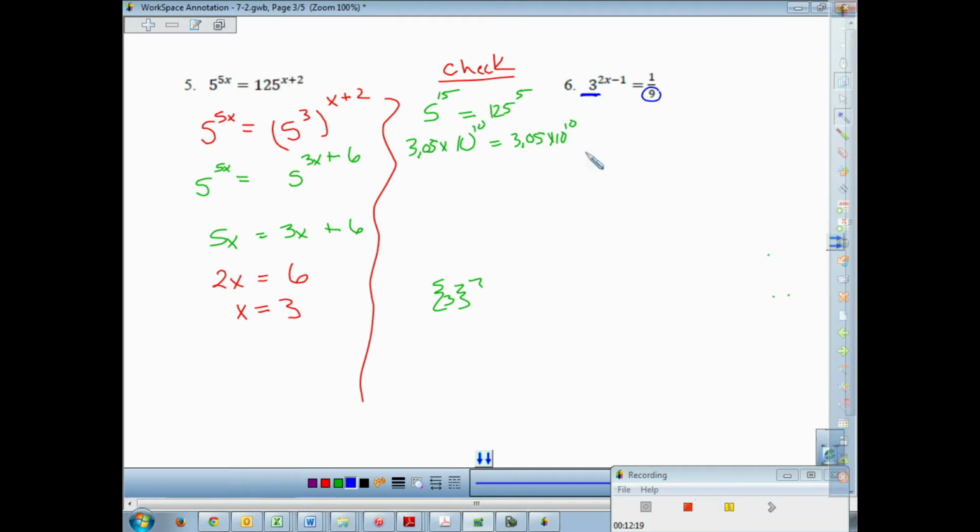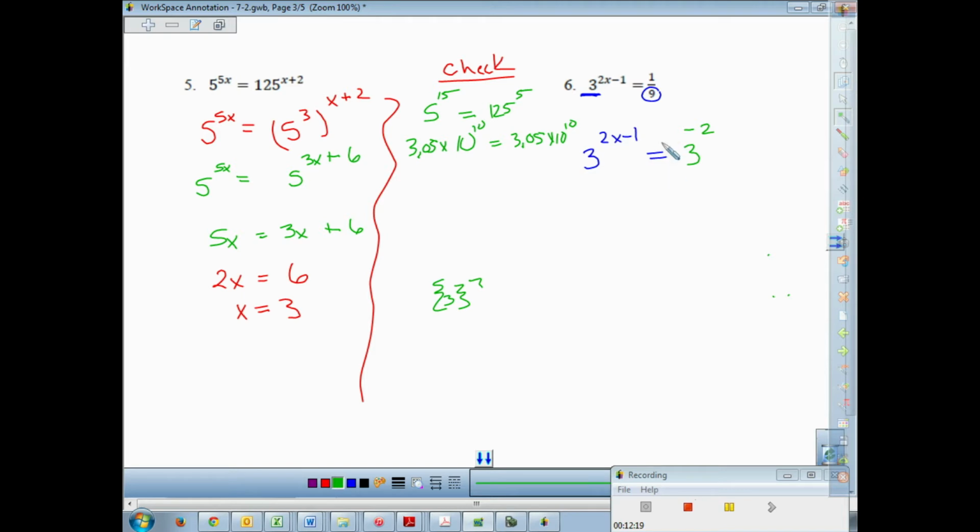So let's rewrite it. 3 to the 2x minus 1, that didn't change. I know this 9 can be rewritten as a base 3 if I make it squared, but to flip it over, I needed to make that a negative 2. Does that make sense to you? The negative exponent turned that 1/9 into a 9. Cool with that?